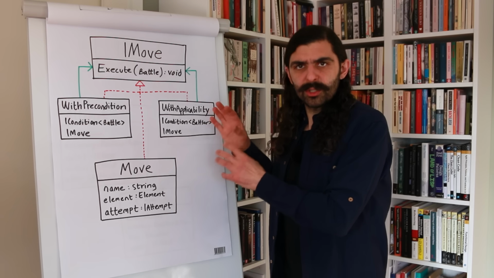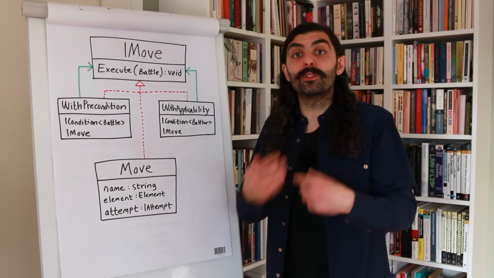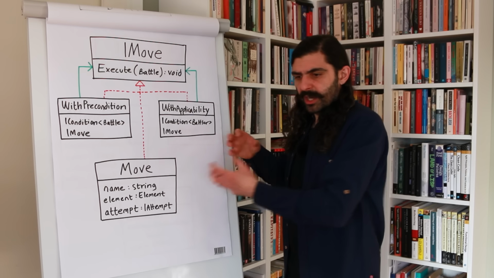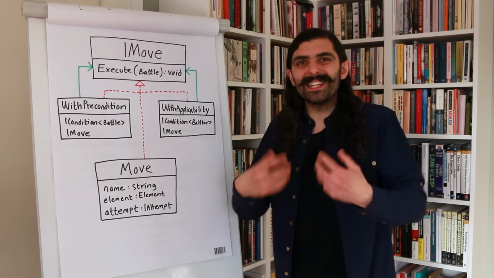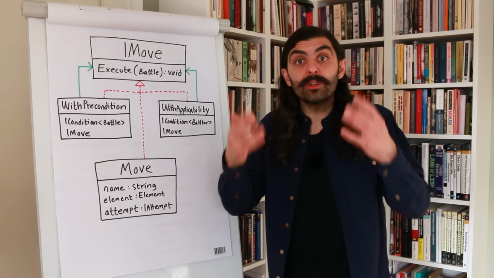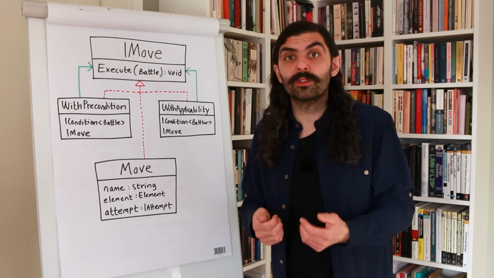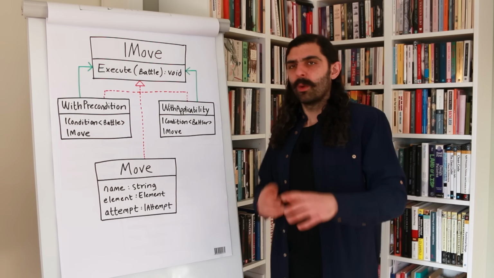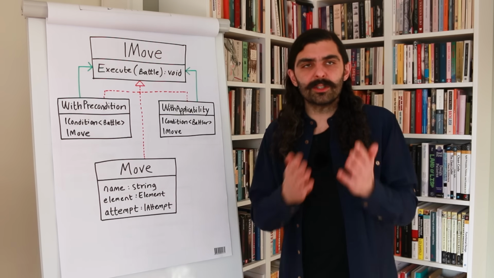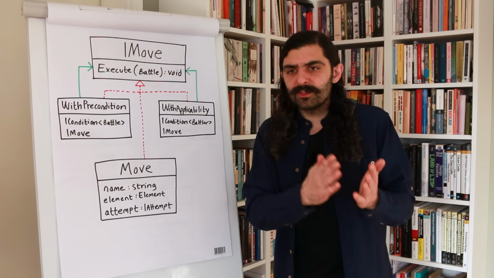We're trying to follow object-oriented principles, we're trying to avoid duplication, and we're trying to lock in a language that makes it possible to express legal moves that exist now, but also legal moves that could exist in the future if we would want to come up with new moves for the game. What do I mean when I say legal moves? I mean there are some constraints, right? There are some invariants. There are some things that all moves have to adhere to.